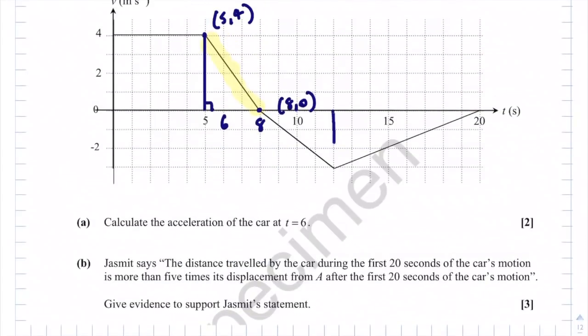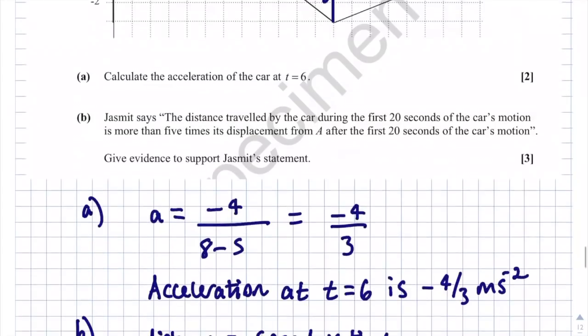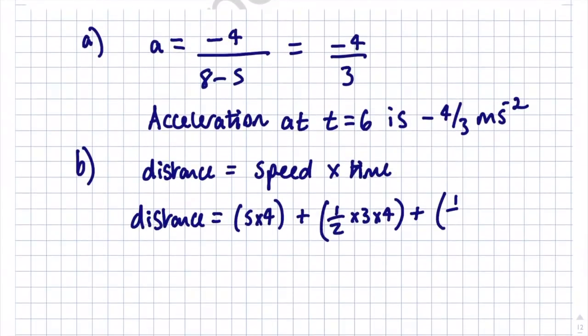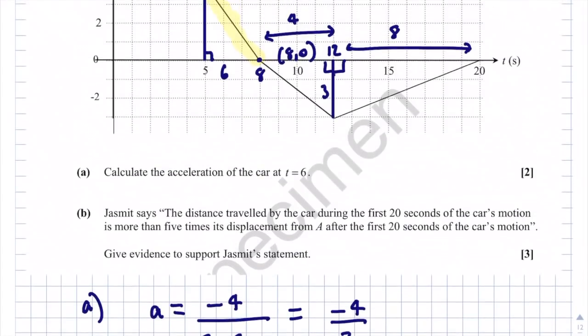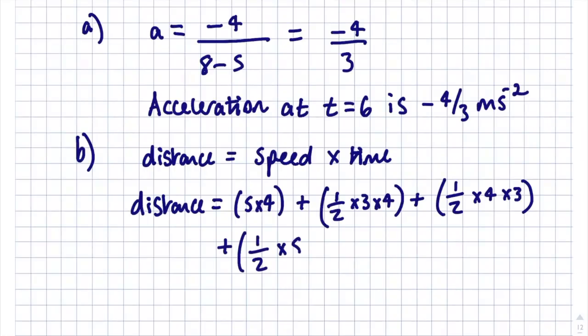Now, we split this into 2 right angled triangles down here. This is 12, so this has a base of 4 here, and then here we're going to have a base of 8 and a height of 3. So we can add a half times 4 times 3, and then we can add a half times 8 times 3.